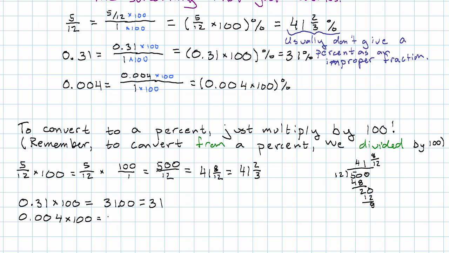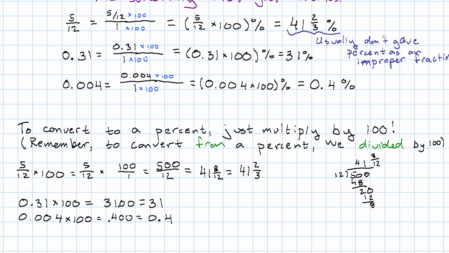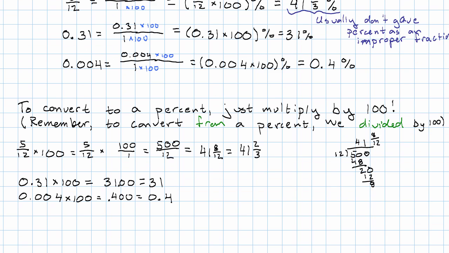Ignore the decimal points and multiply. And then I want 3 digits after the decimal point. So 0.004 is 0.4%.